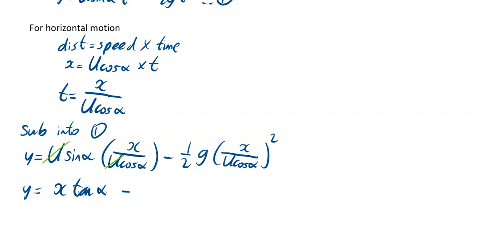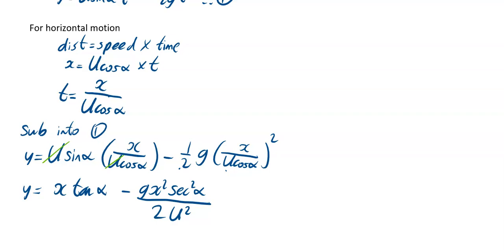And over here, we've got cos squared on the bottom line. So 1 over cos squared is the same as sec squared. So what you really have here is minus g times x squared times sec squared alpha, and that's being divided by 2 big U squared.